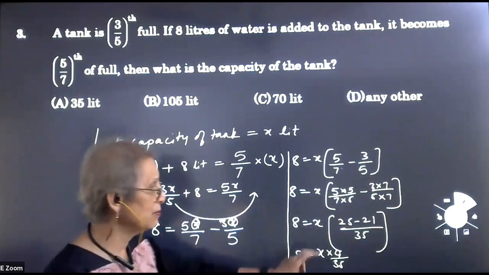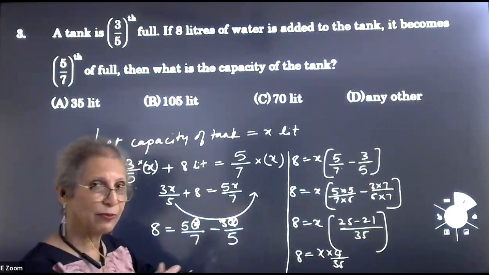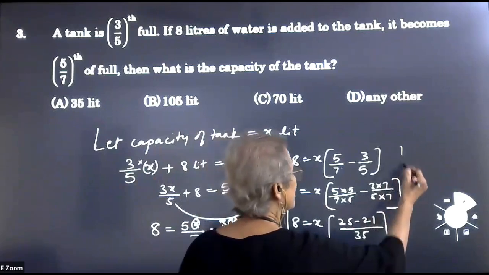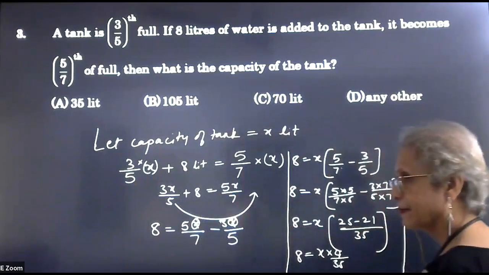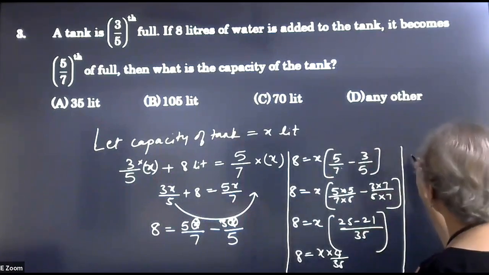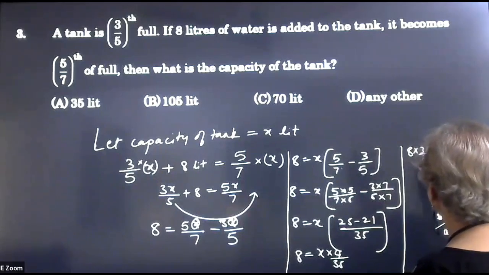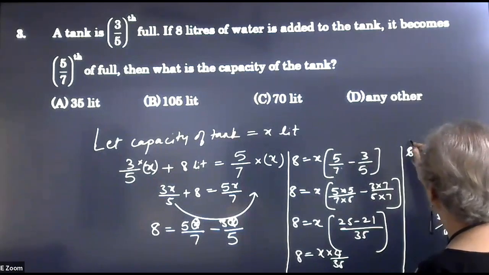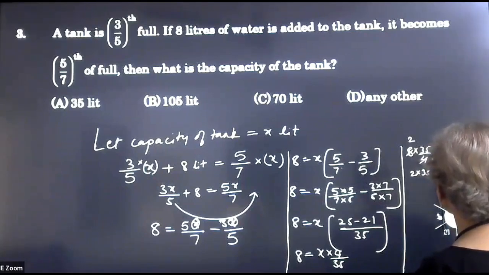Now again, like the previous sum, this fraction is to be taken on the other side. So we have to make the reciprocal and bring it that side. So here it will be 8 into 35 upon 4 equal to x. And now cancel this: 4 ones are 4, 4 twos are 8, and then 2 into 35 is x.